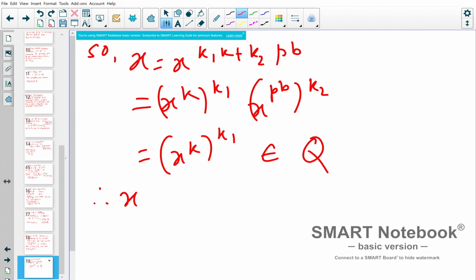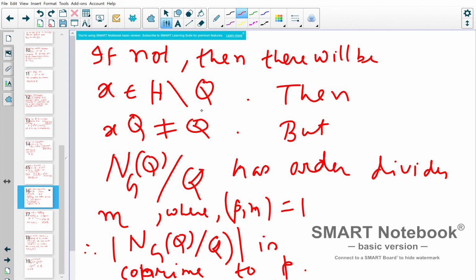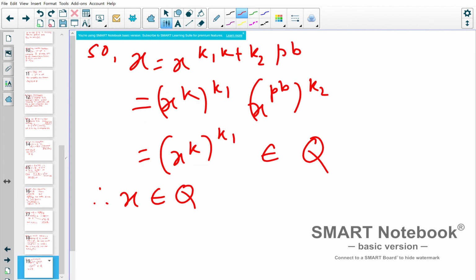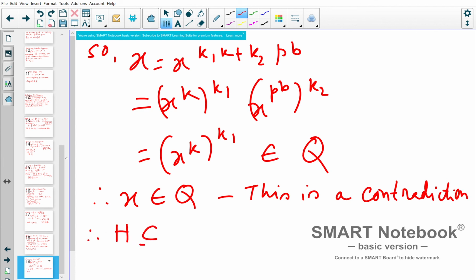That means x is an element of q. But this is a contradiction, because we started with x outside q. Thus H is a subset of Q. Clear?